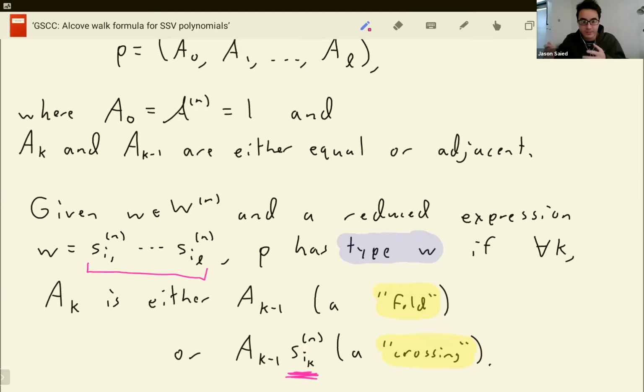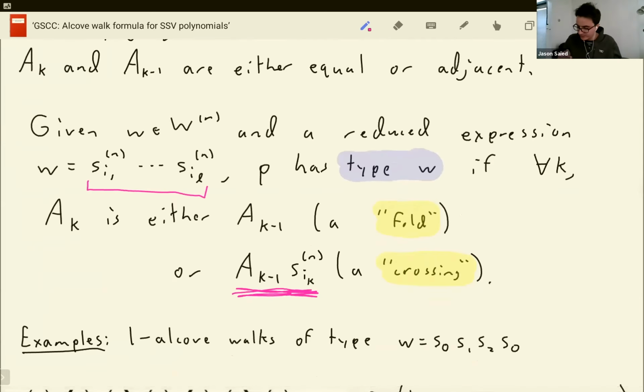If you haven't written this out, it might not be clear to you that this thing should actually be adjacent to A_{k-1}, but it is. And so I'm going to be interested if I fix some W in all the alcove walks of a given type. So let's draw this out with a picture.